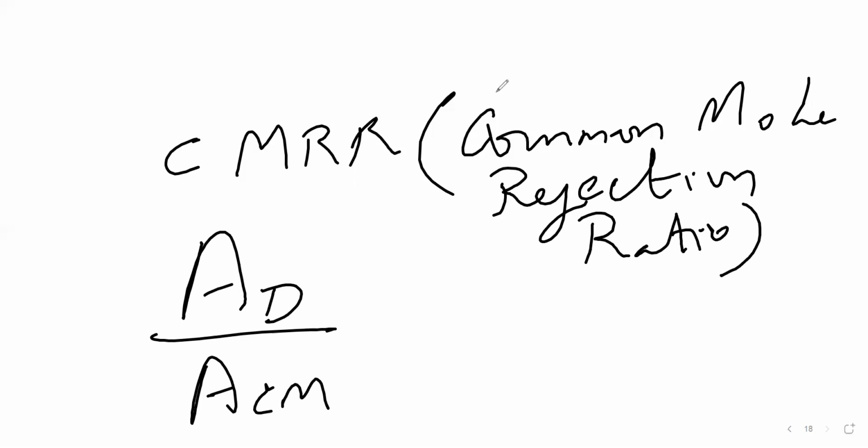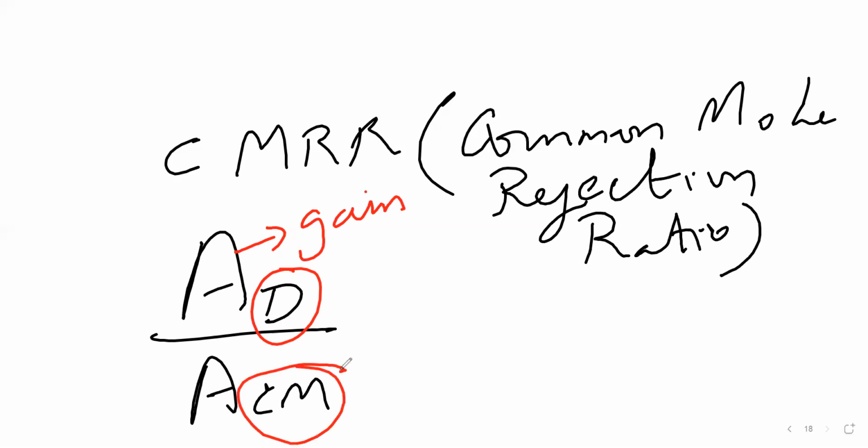Amplitude is correct, but here in electronics A is gain. D stands for differential gain, and CM stands for common mode gain. So the ratio of differential gain to common mode gain is called CMRR. You got the point? Easy or difficult? Easy. Excellent. Fine, these are the two definitions we have to learn.